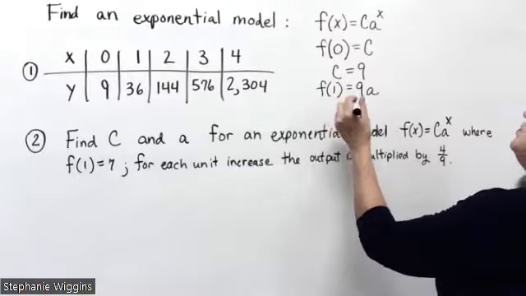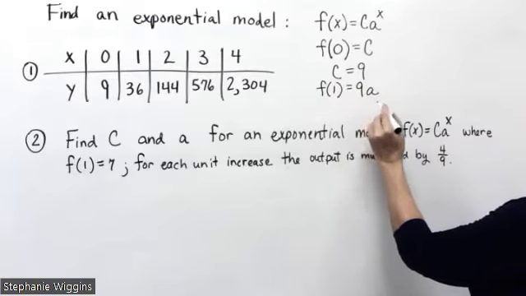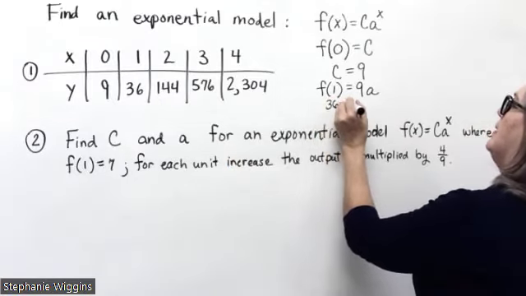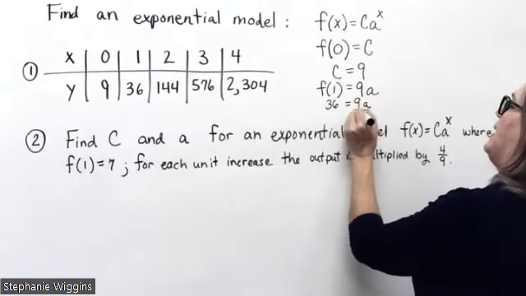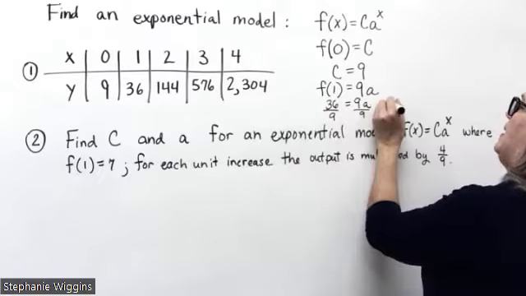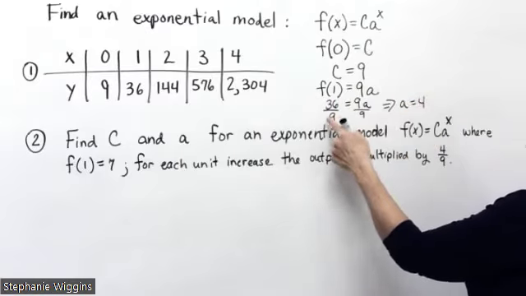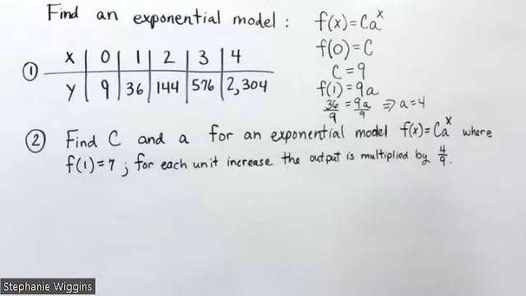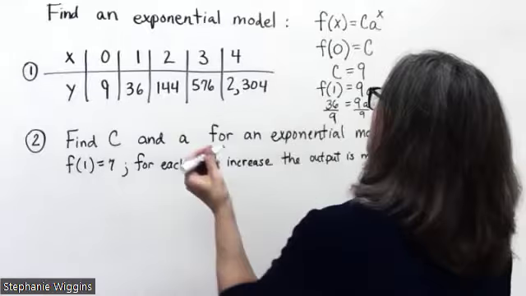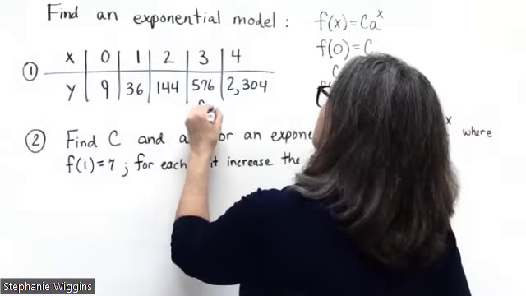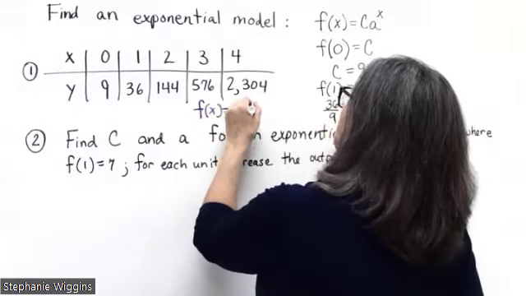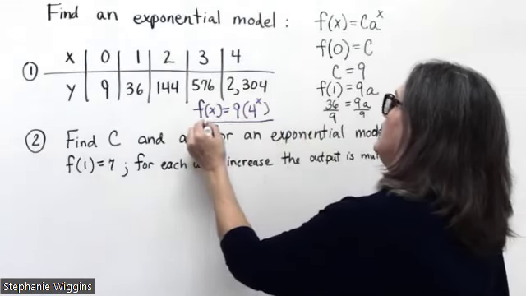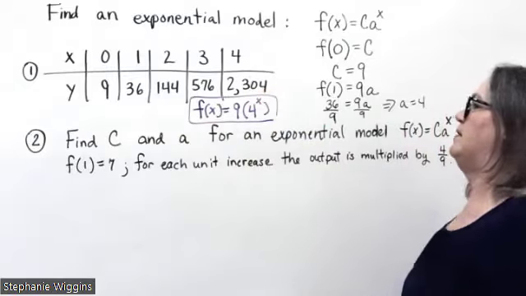And so now I'm going to solve for a by taking f of 1, which is 36, and I'm going to divide both sides by 9, and I get that a must equal 4, because 36 divided by 9 is 4. So now I found my model, and it's just f of x is equal to 9 times 4 to the power of x. Okay, so that's my model for this set of data.